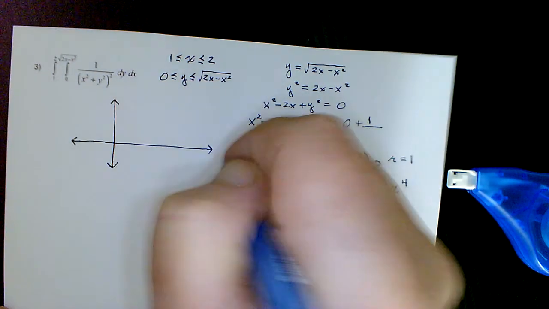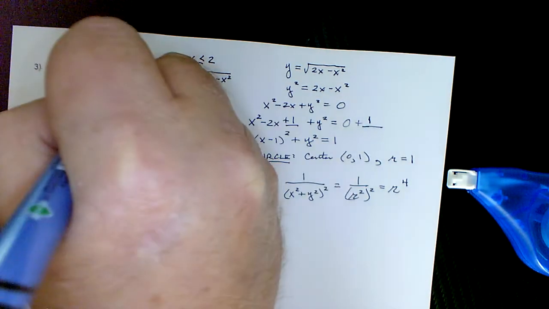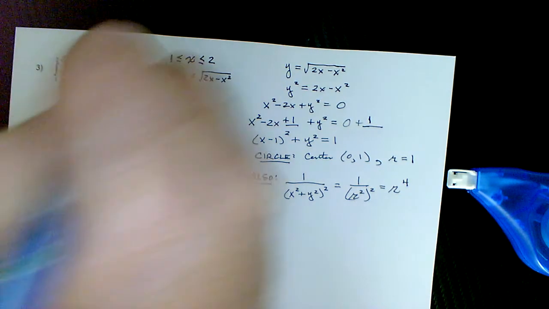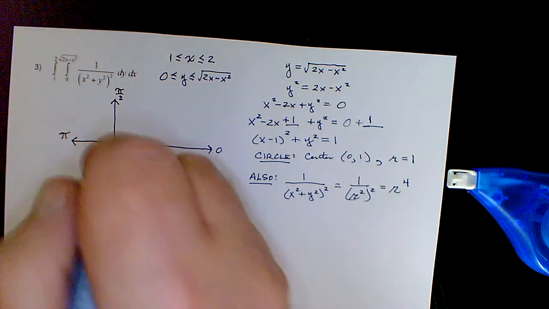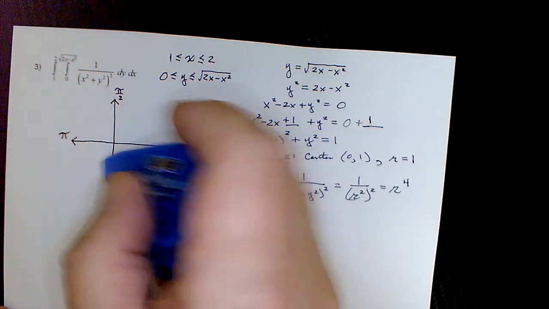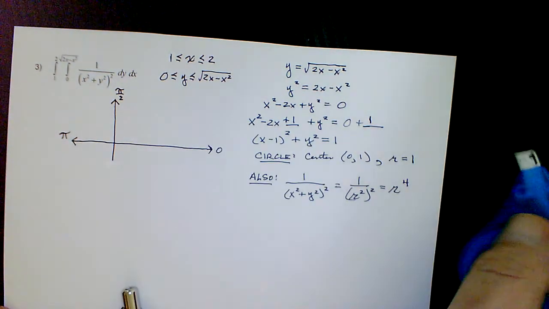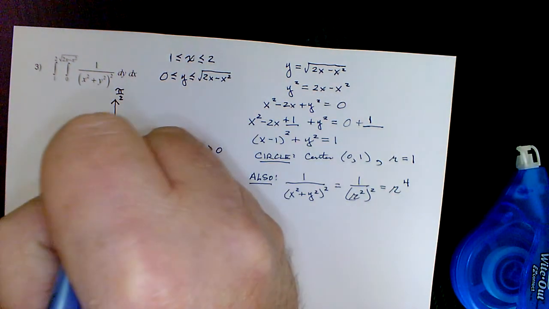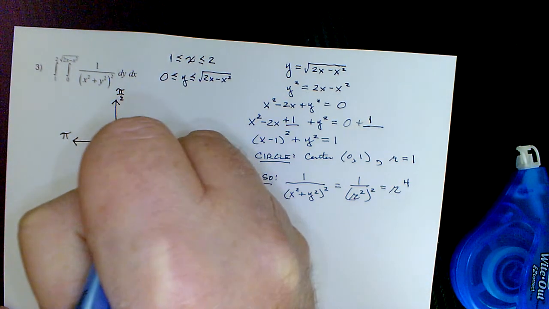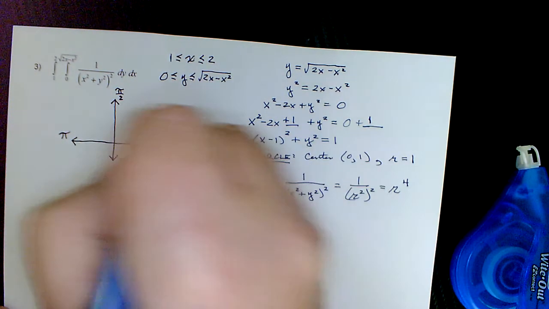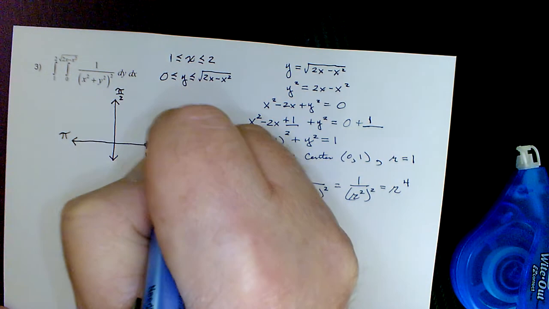So this being r and theta, so 0, pi over 2, pi. I'm not going to need the bottom portion, so you could label it if you wanted, 3 pi over 2. But it's a circle with a center of (1, 0) and a radius of 1.